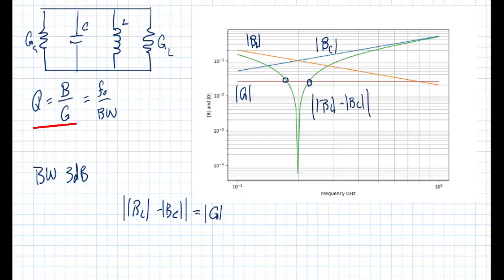So if the magnitude of the conductance goes up, we can draw that here. And hopefully the computer will straighten out this line that I draw. It did. Increasing the conductance graphically, we can see that the bandwidth, or the points where the two lines intersect, become further apart. Graphically, the bandwidth is larger.